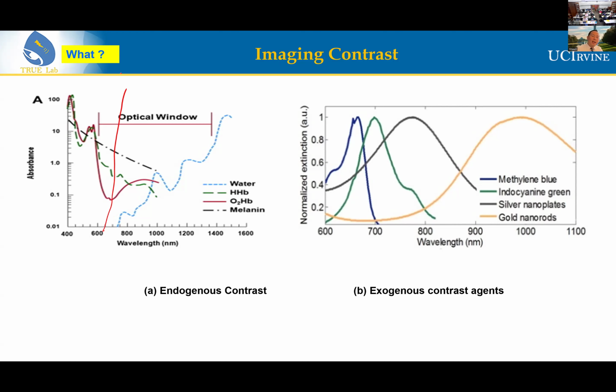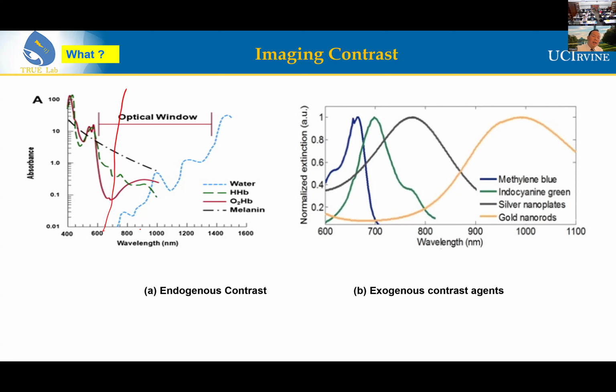If you look at this line around 650 or 700, you have very strong absorption from melanin, pretty strong absorption from deoxygenated hemoglobin, and not much absorption for oxygenated hemoglobin.